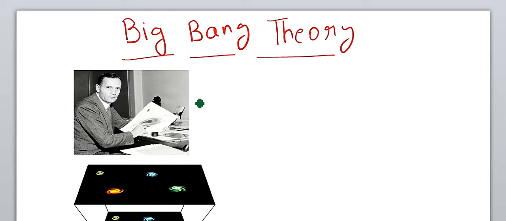So here this is the photo of Mr. Edwin Hubble.